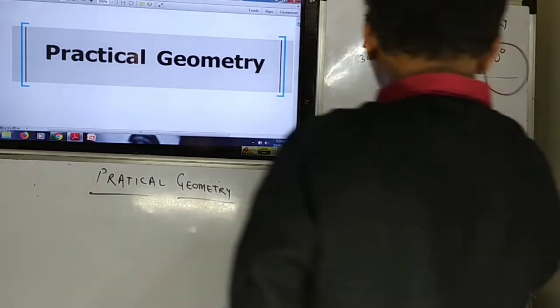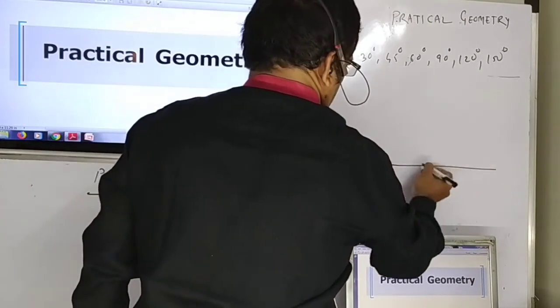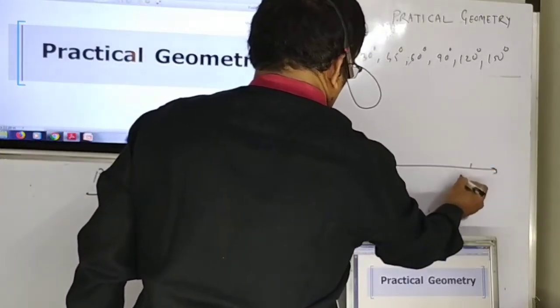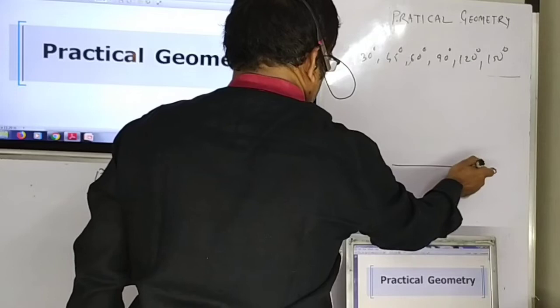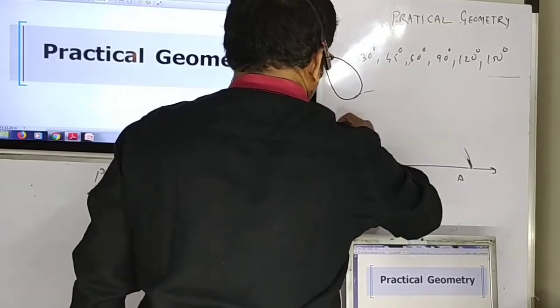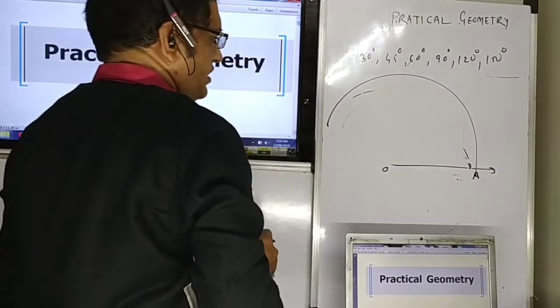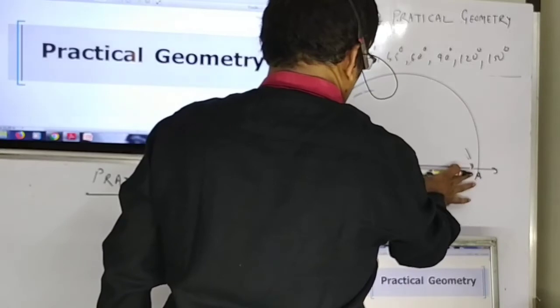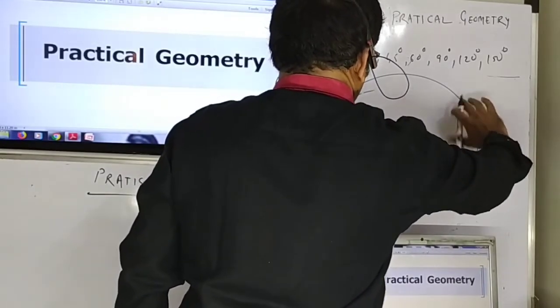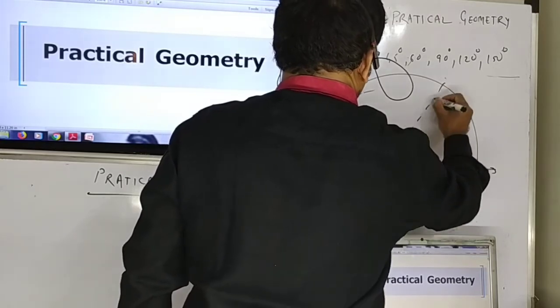First of all, what we do, take this ray OA, draw an arc of sufficient length having radius OA. You know that with this radius OA, this first arc gives this angle of 60 degree.